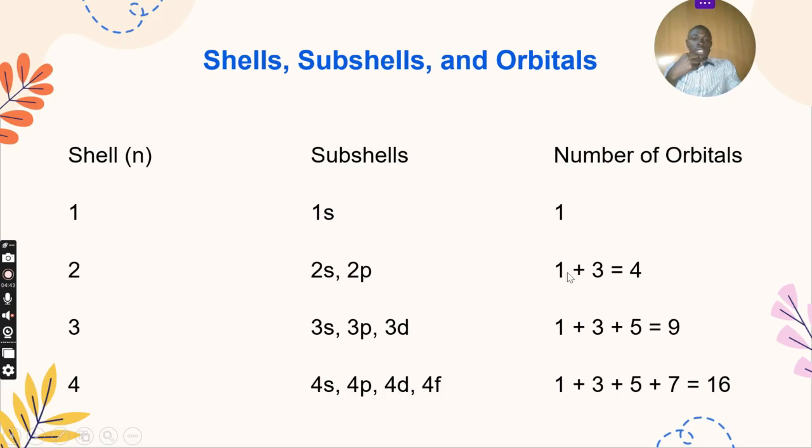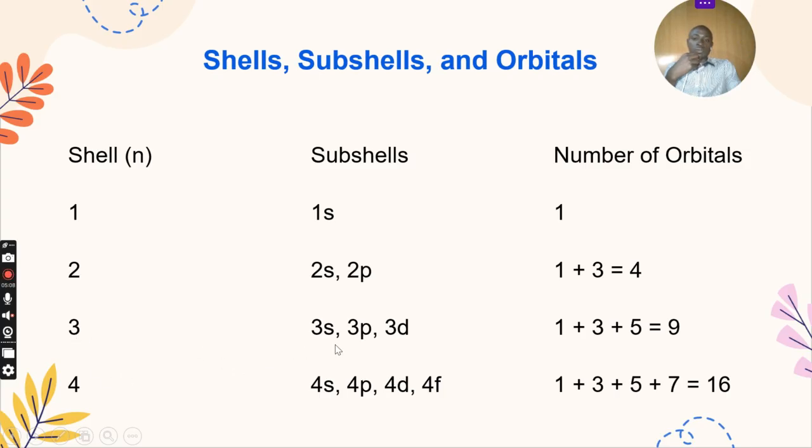So the s subshell has only one orbital, but the p subshell has 3 orbitals. So that means in the second energy level, there are 4 orbitals in all, one from the s subshell and 3 from the p subshell.